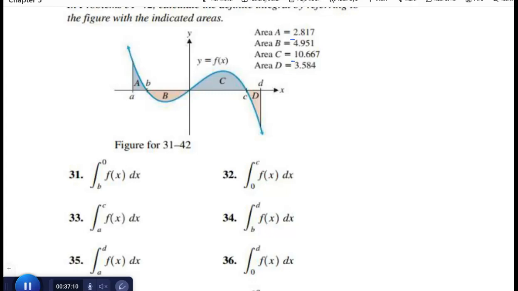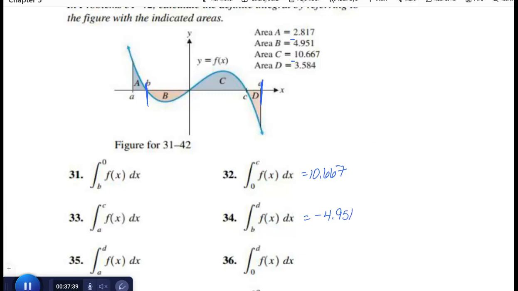So let's look at a few of these. 32 is asking us to integrate from 0 to c of f of x. So 0 to c would be just region C, which would be 10.667. 34 is asking us to go from B to D. So B to D is going to include these three areas. I know this guy is a -4.951.